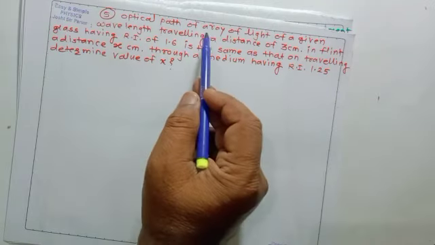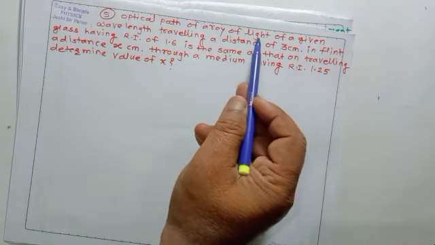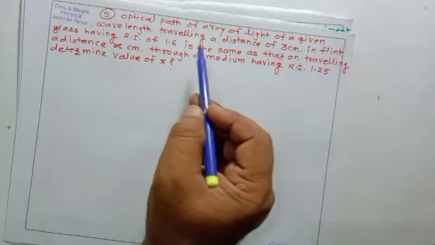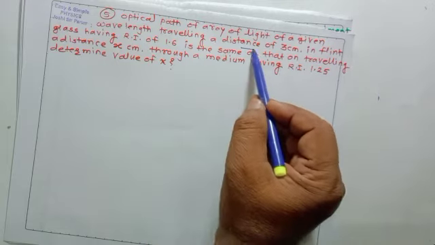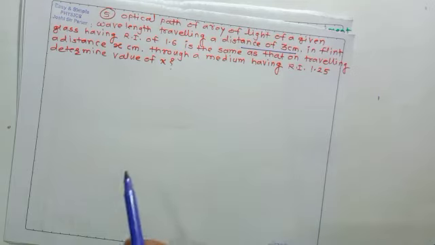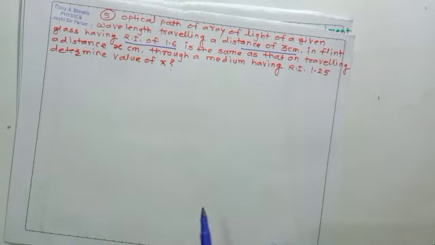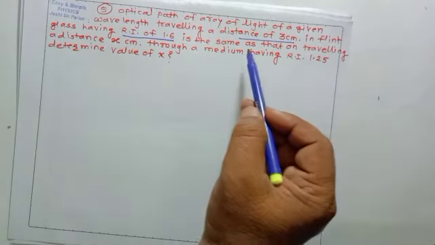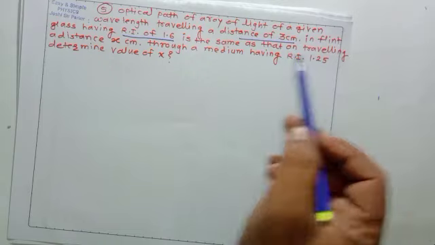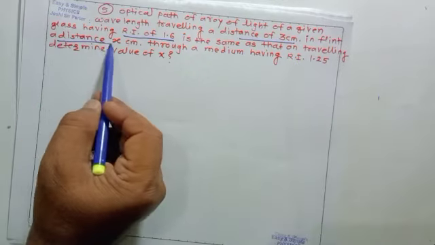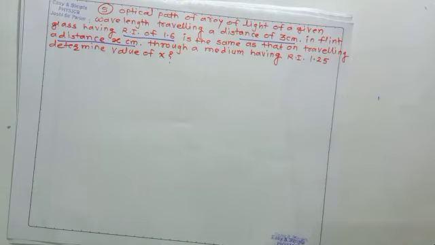Optical path of a ray of light of a given wavelength traveling a distance of 3 cm in flint glass having refractive index 1.6 is the same as that on traveling a distance x centimeter through a medium of refractive index 1.25. Determine x.